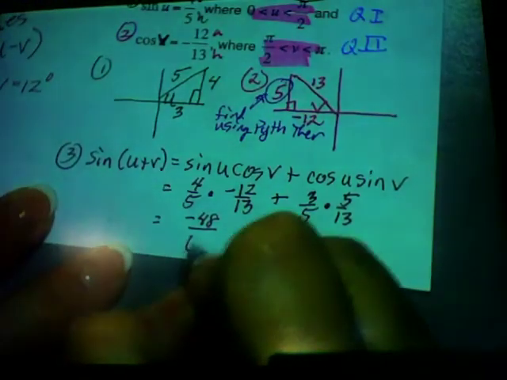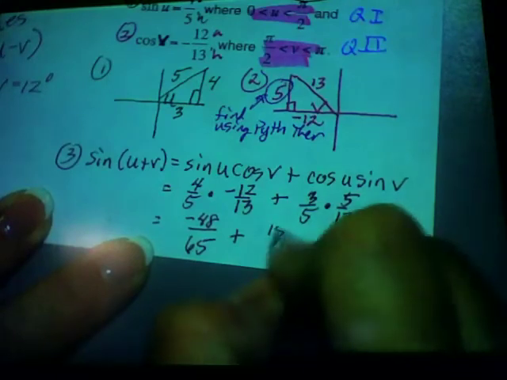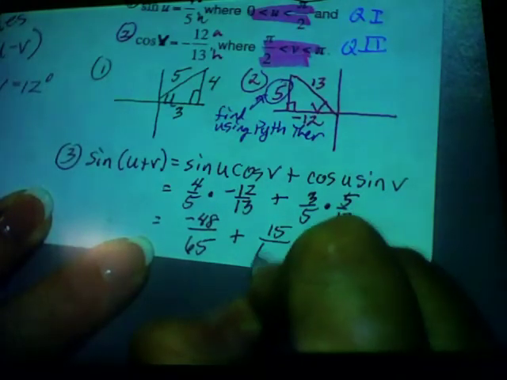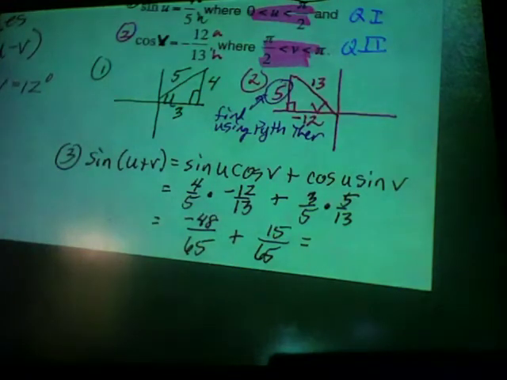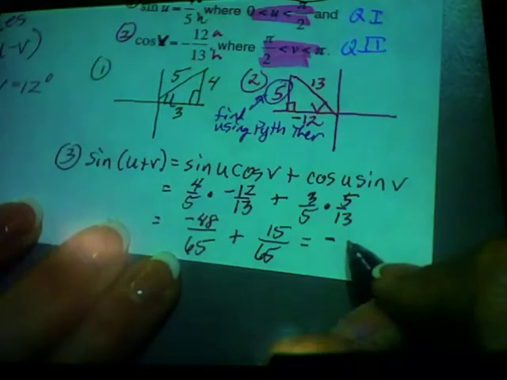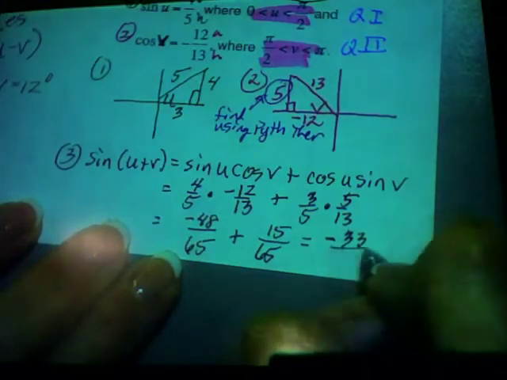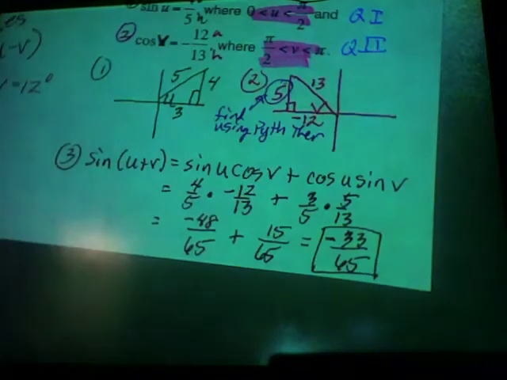Plus 5 times 3 is 15 over 65. So since they have the same denominator, can't you do negative 48 plus 15? What does that give you? 33 over 65. That is your answer.